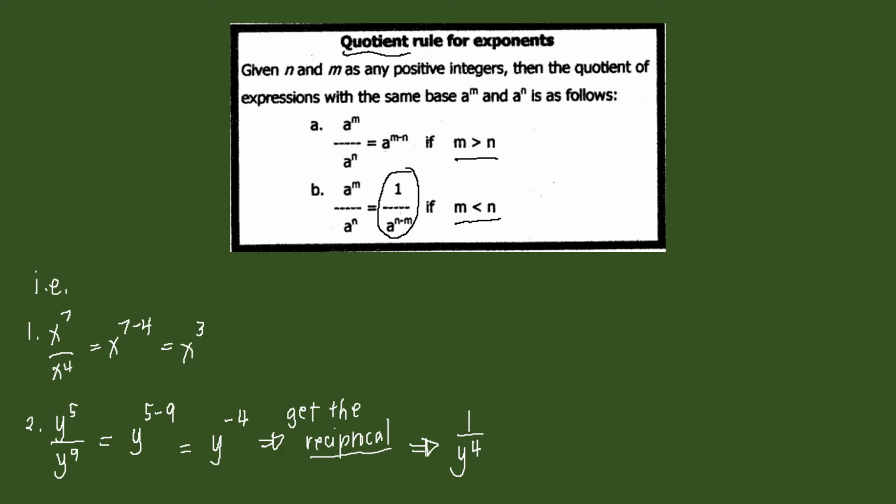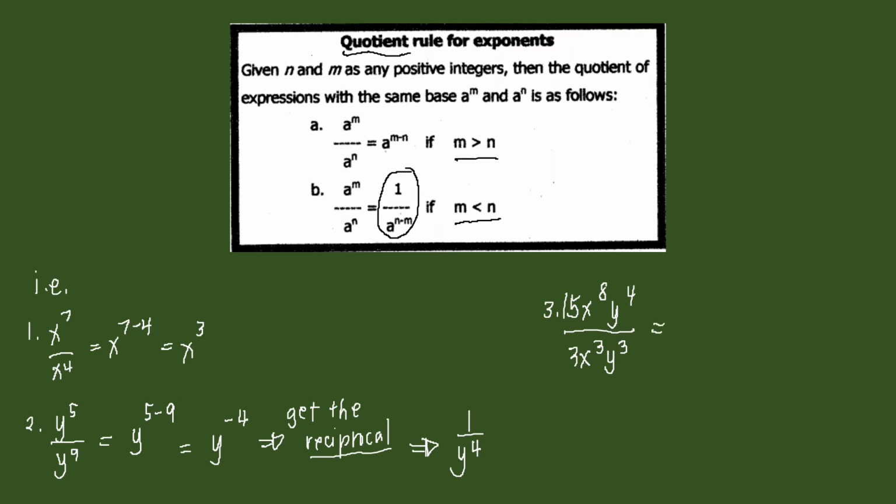Okay? Let's have another example. Let's have 15 x to the 8th y to the 4th over 3x cubed y cubed.